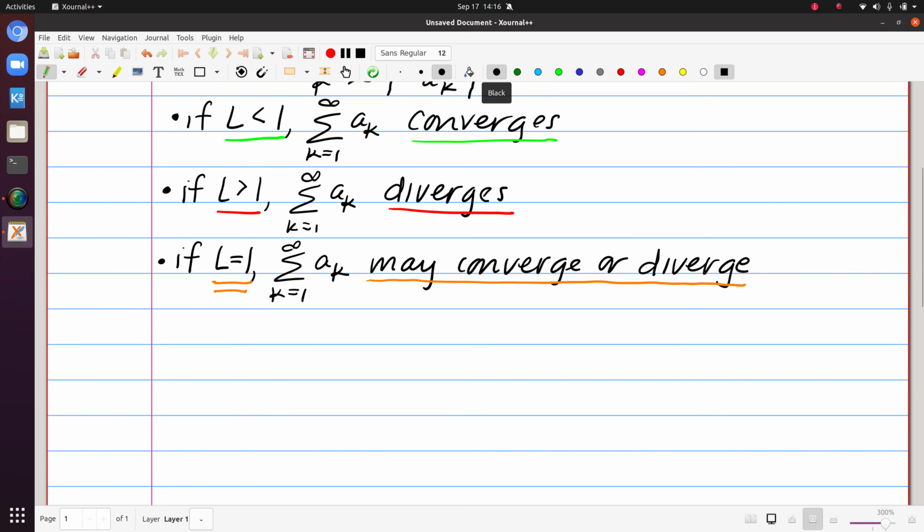So we will be using this ratio test to apply to a class of series that we're going to refer to as power series. So let's first of all start off by defining these.